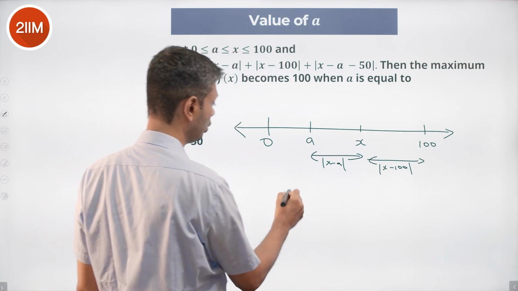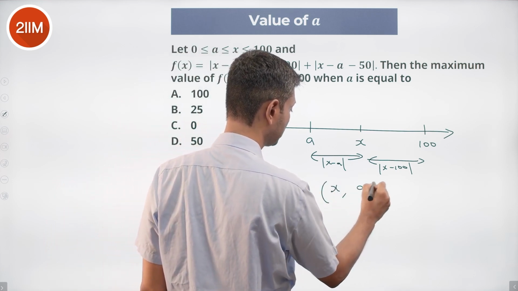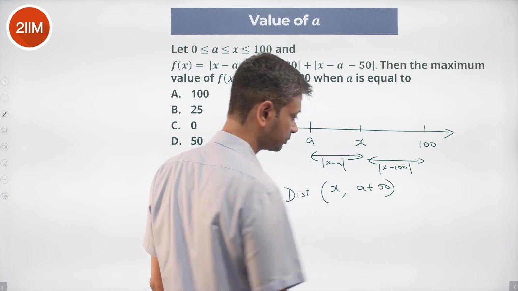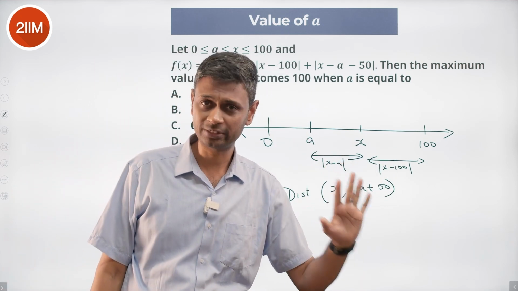Finally, we need to include the distance between x and a plus 50. Nice. This is built in, always equal to 100 minus a.